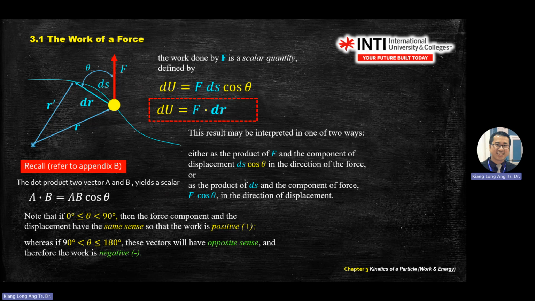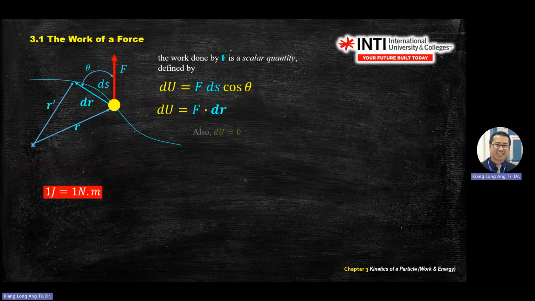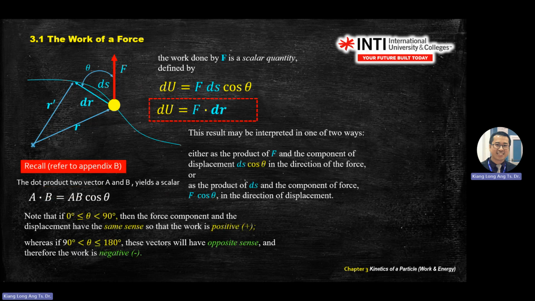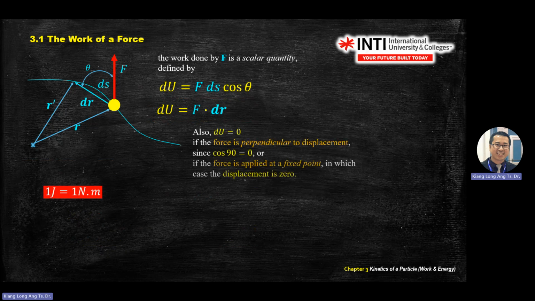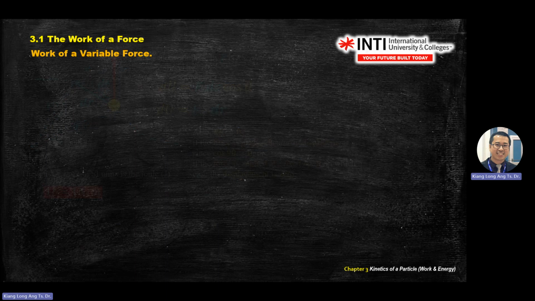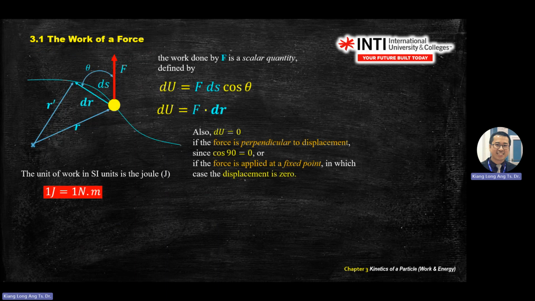It means that your force is opposite from your distance axis, meaning your two vectors are different already. Or you can put A dot B equal to AB cos 180. Cos 180 is -1. Unit for work will be joule or Newton meter. Newton meter is equal to joule.